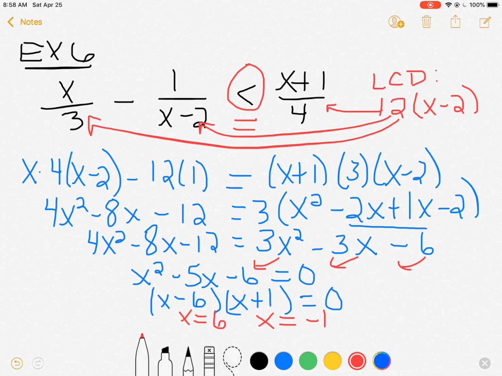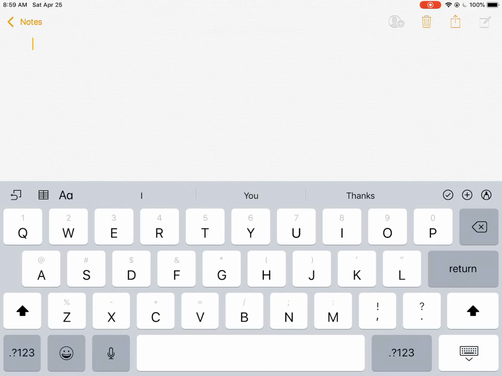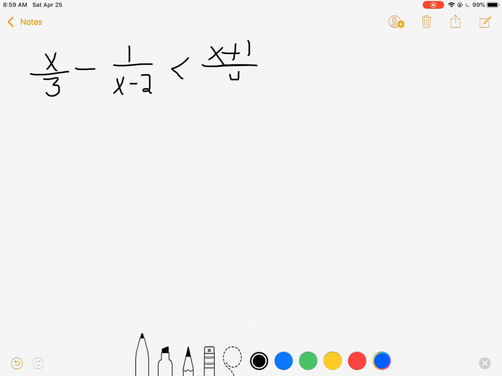Remember that a restriction in our domain, and this is an important point for these inequalities, because of that x minus 2, x could not equal 2. So 2, 6, and negative 1 become our boundary points. So still working on this one. Remember our problem was x over 3 minus 1 over x minus 2 is less than x plus 1 over 4.